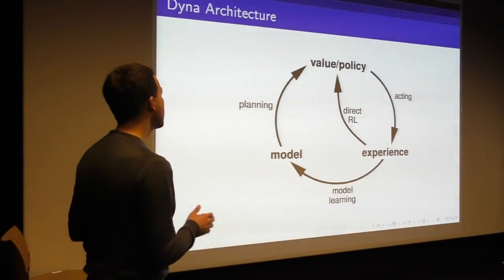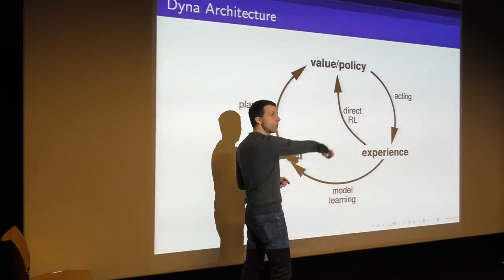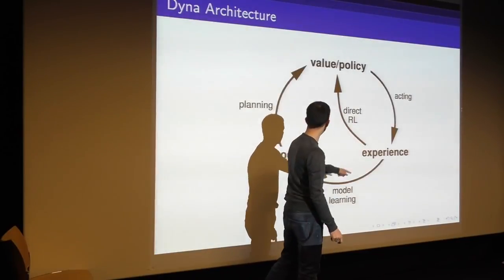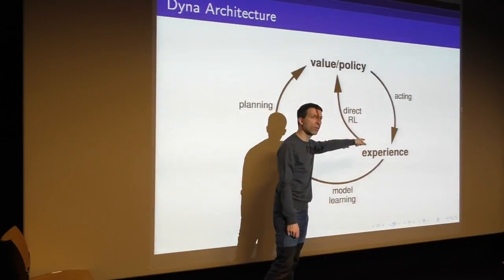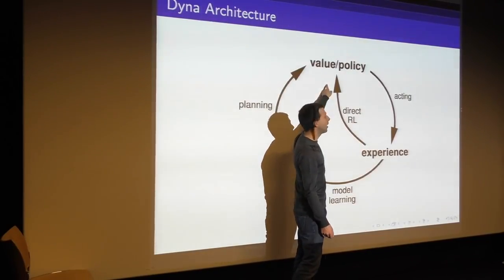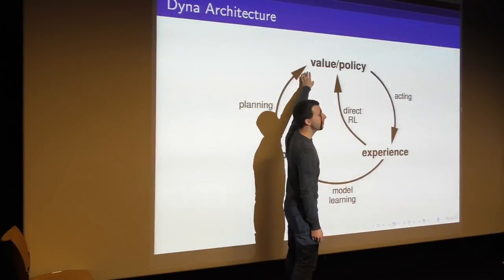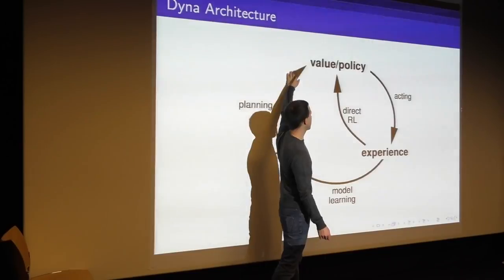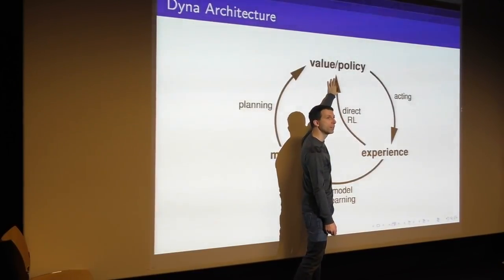So it looks a little bit like this, where we've basically taken our model-based reinforcement learning loop, where we went from experience, learned a model, planned with that model to give us a value function, and acted in the real world to generate more experience. The thing which we've added in is this arc here, where in addition, we don't just learn our value function by planning with the model, we also learn our value function directly from the real experience in the real world.